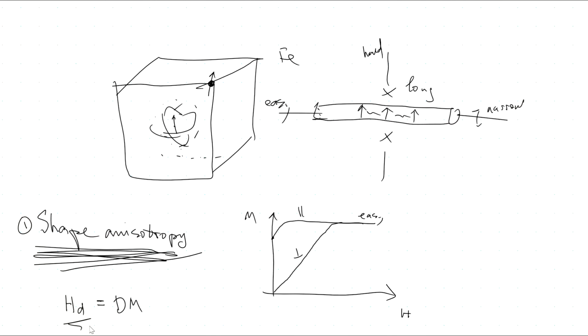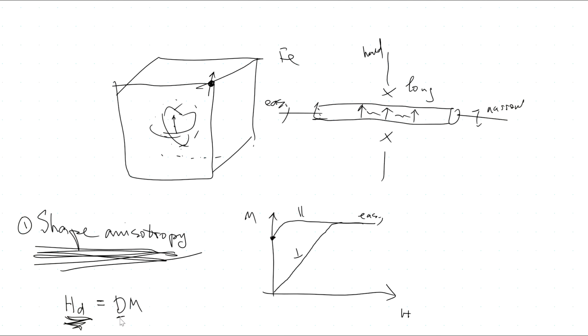And basically the fact that magnetic moments, even at zero magnetic field, align along the wire, for example, in this case, can be described as an effective internal magnetic field.